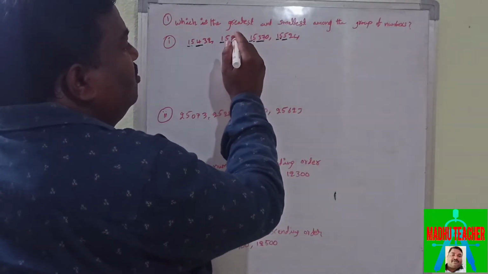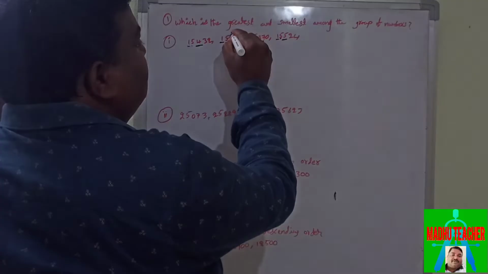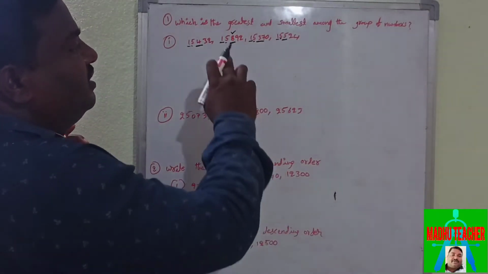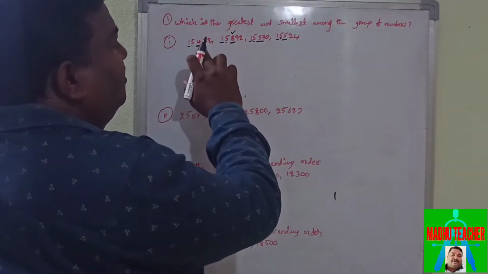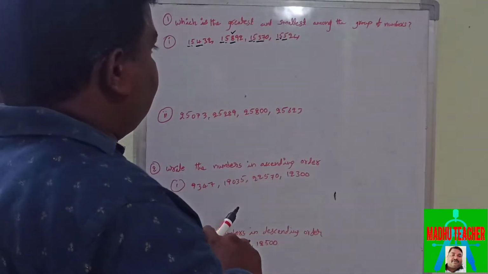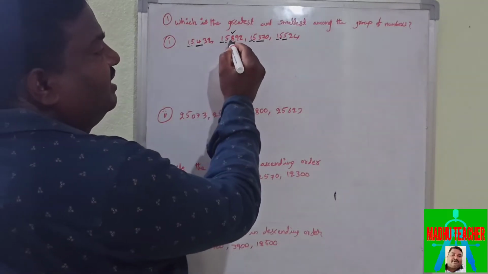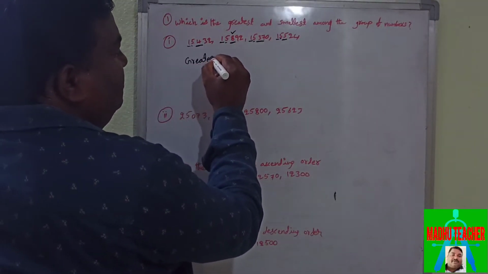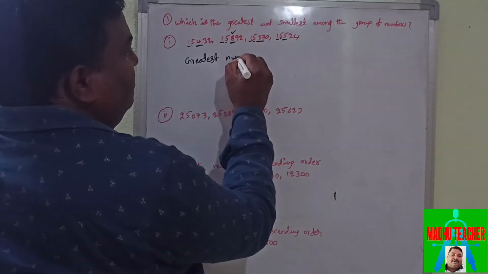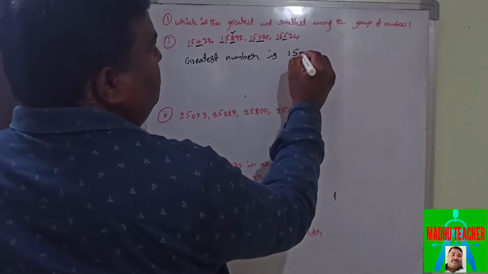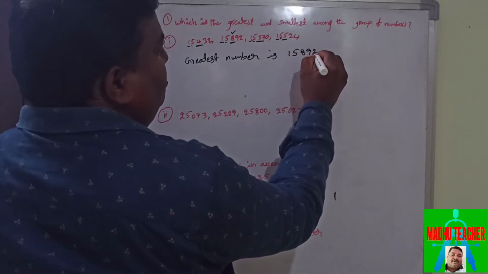Among these, 8 is the greatest. So the greatest number is 15,892.